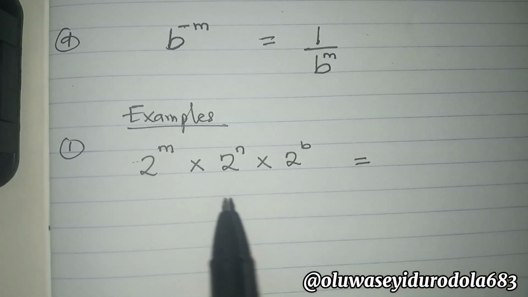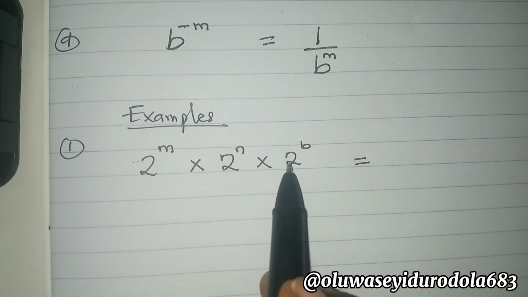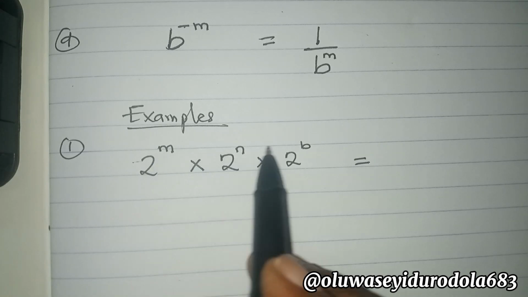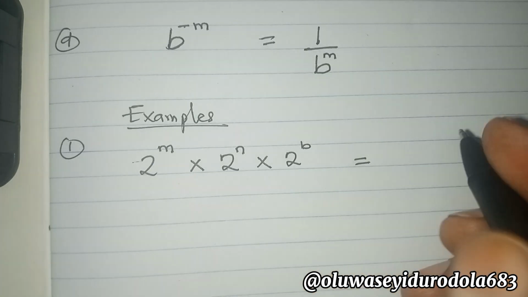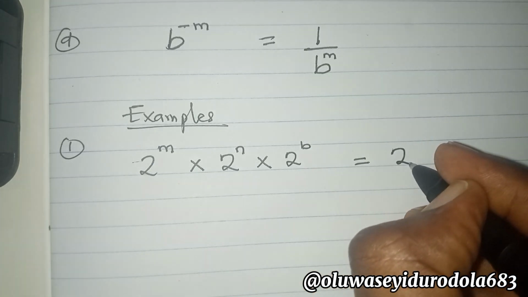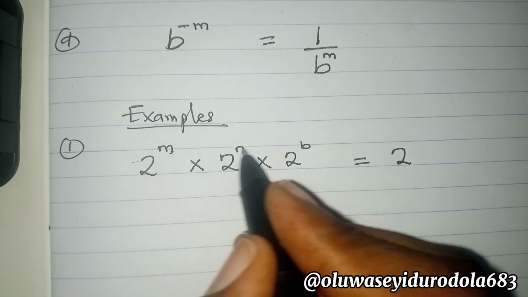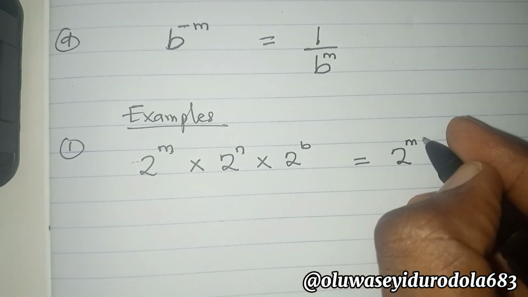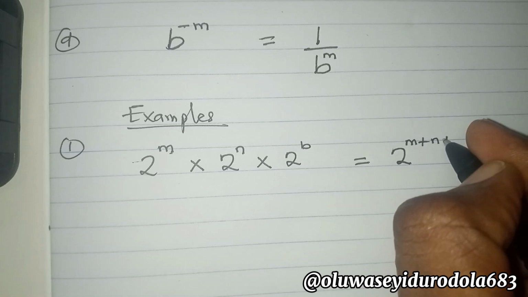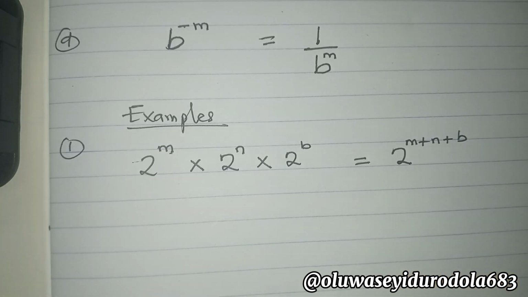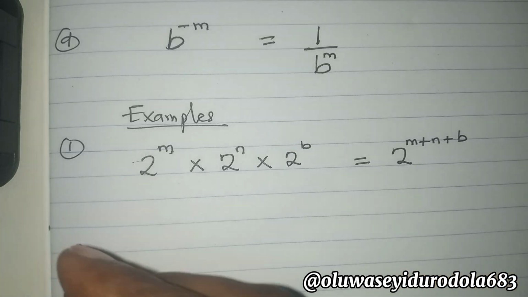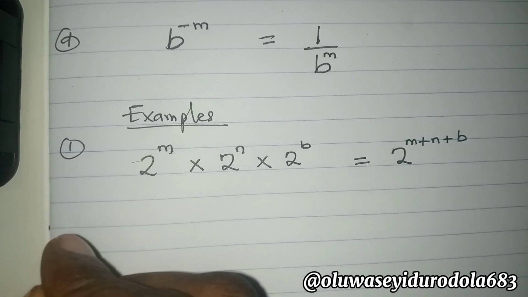The law of indices says that once they have the same base, you add the powers together. Therefore, you have 2 raised to power m plus n plus b. That's example 1.